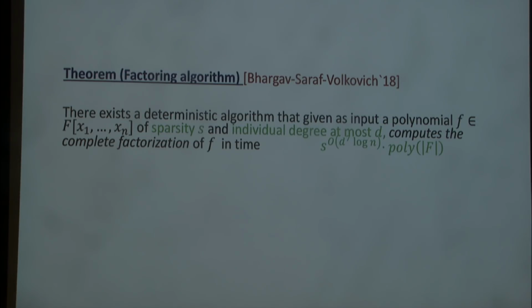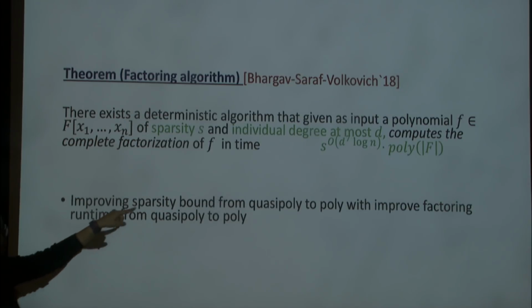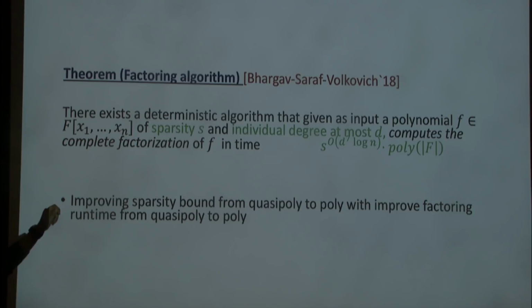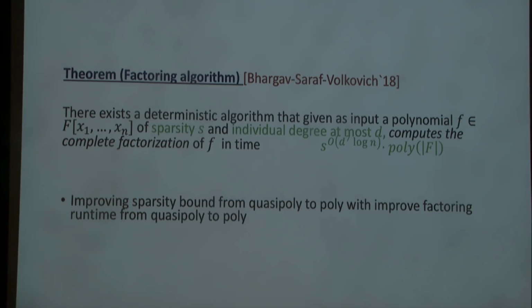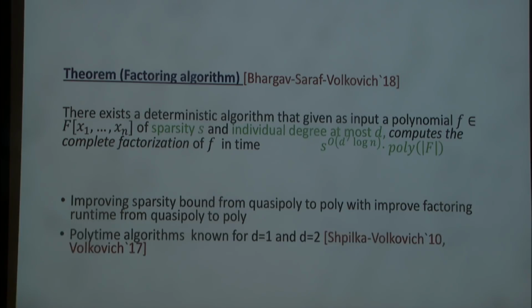We get this quasi-polynomial bound, s to the power of d times log n. If you get rid of the log n in the sparsity bound, it would shave off the log n from the factoring algorithm as well. For d equal to 1 and 2, we knew deterministic algorithms, and for general d, this is what we show.